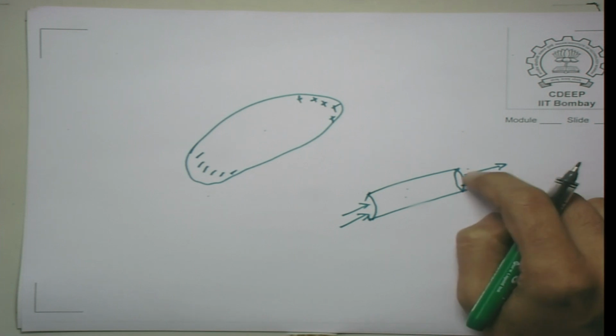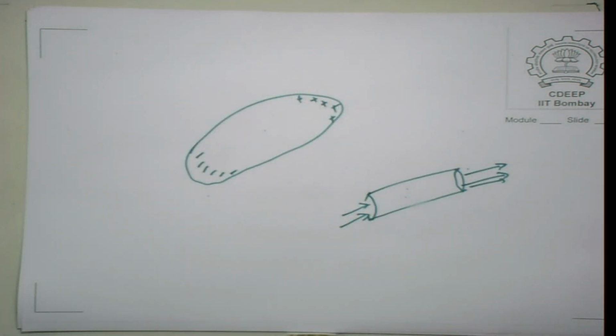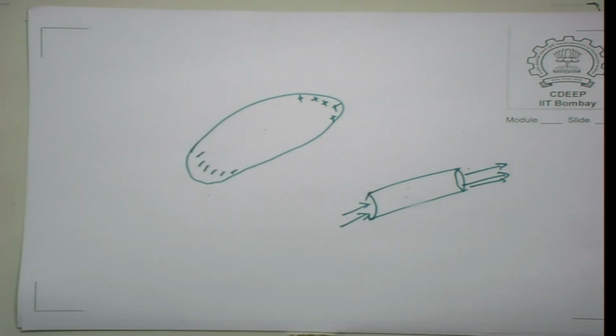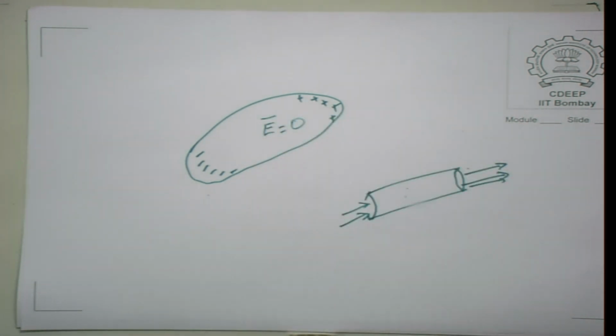But in case you have got an isolated conductor in which there is no external source of charge or no external extraction of charge, then in that conductor the electrical current in steady state will be 0. So, an isolated conductor will certainly have electrical field equal to 0 in steady state. A non-isolated conductor can have an electrical field within a conductor, we will see that later when we consider resistance.